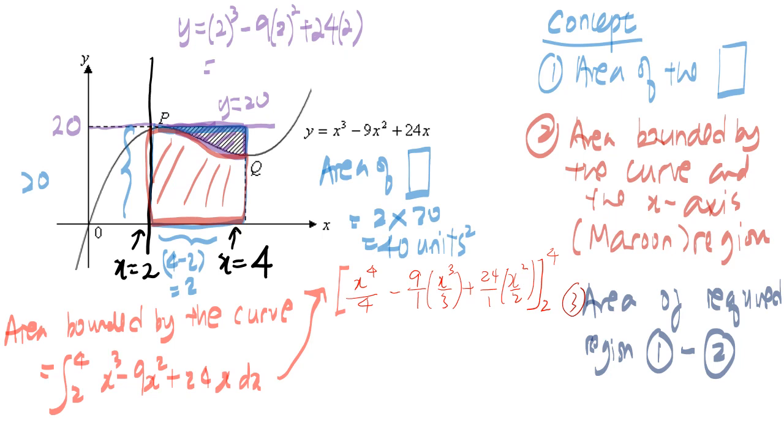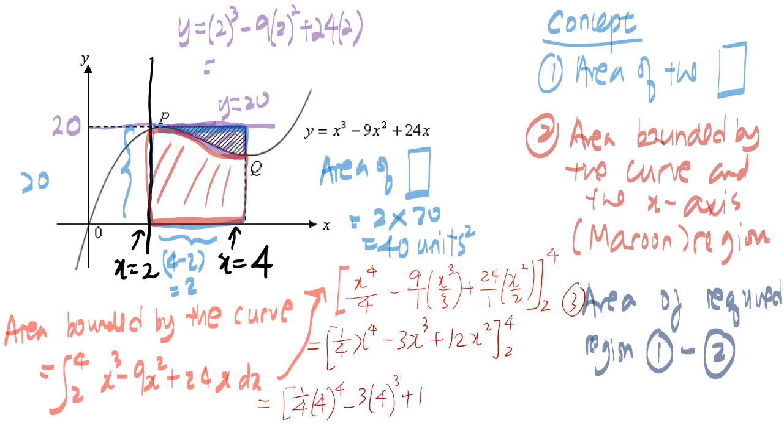Right, so I would advise you to simplify the expression first before you do the substitution. So the chances of you making mistakes will be reduced, right? And please have patience, okay? Be patient when you do this kind of substitution.